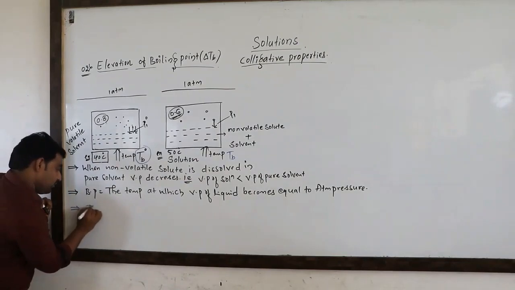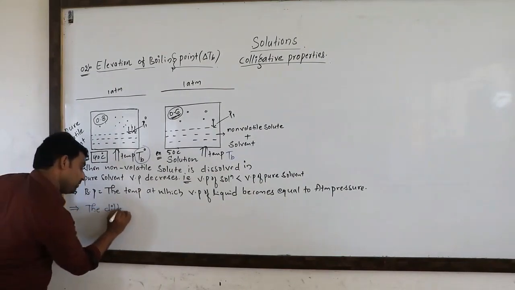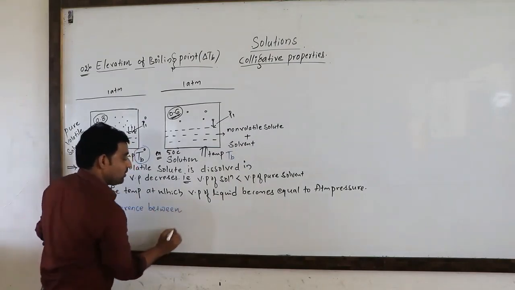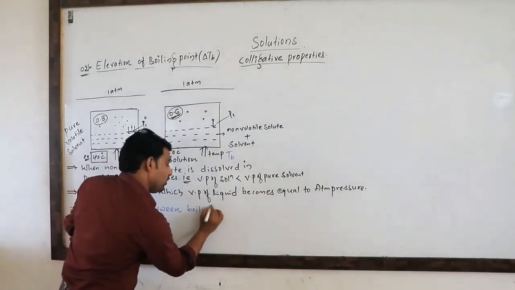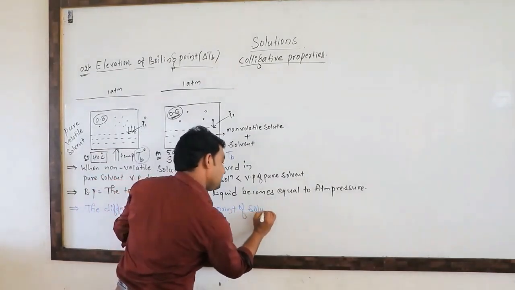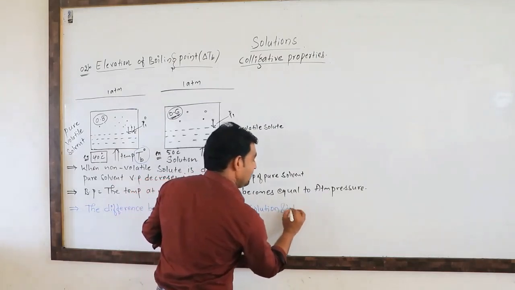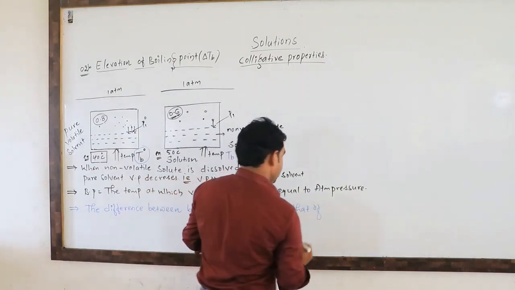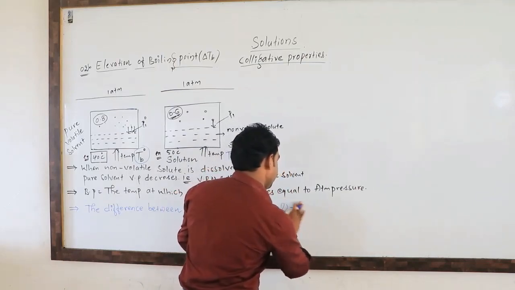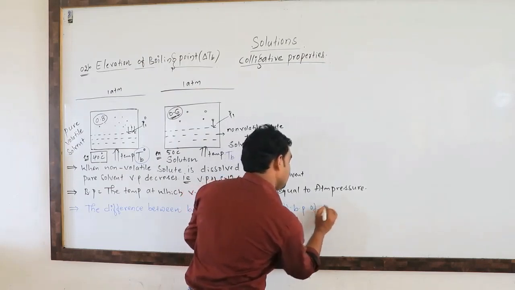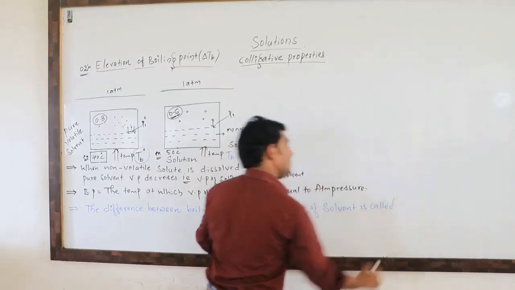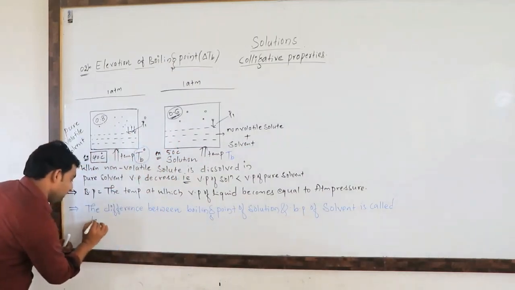That is the difference between the boiling point of solution and boiling point of solvent is called as elevation in boiling point.